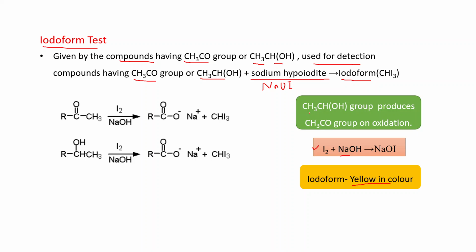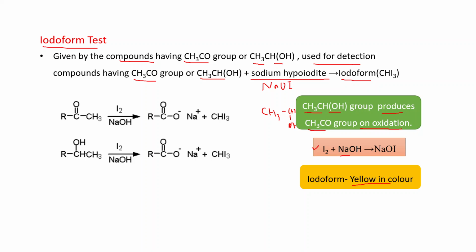Okay, and during this reaction, the CH3CHOH group produces the CH3CO group on oxidation. Simply we can say this is CH3 and this is CHOH.